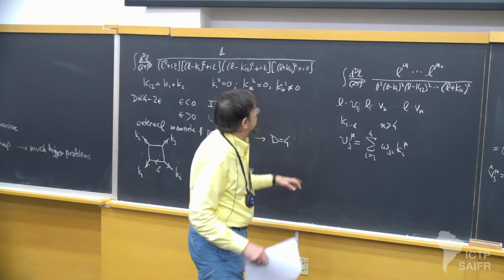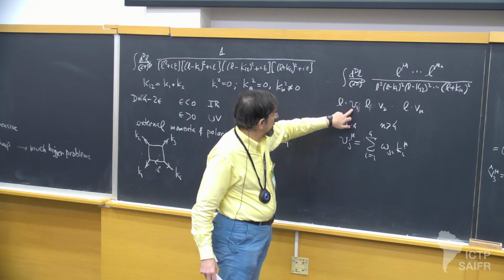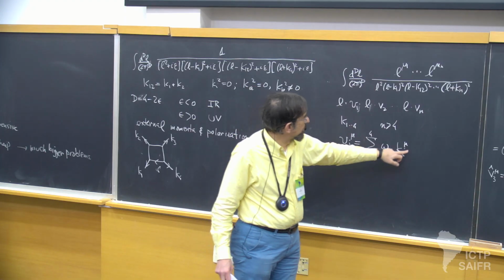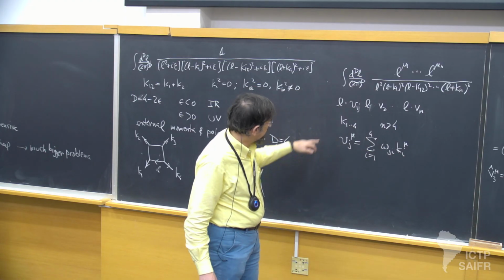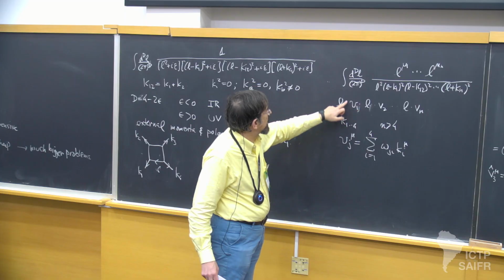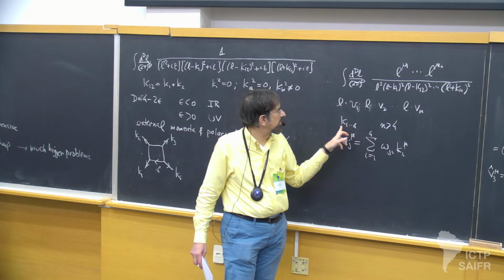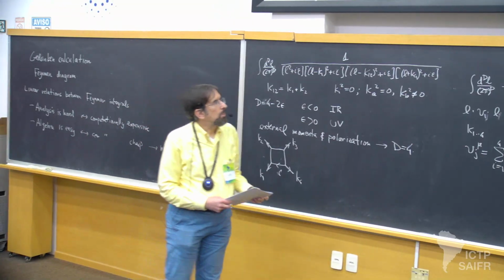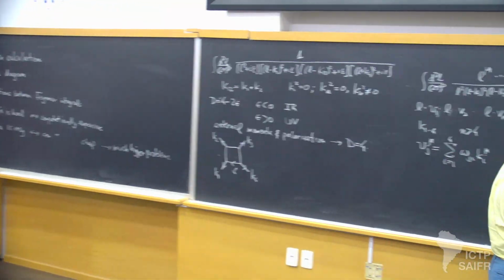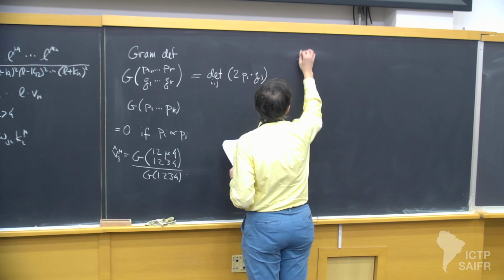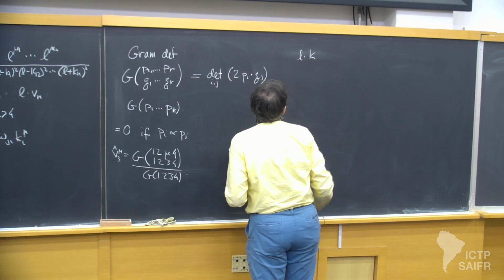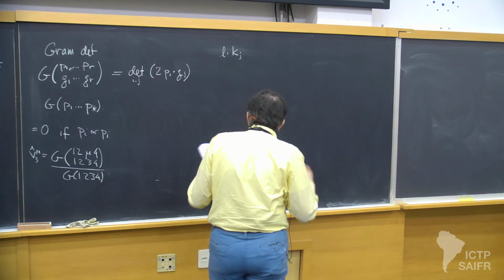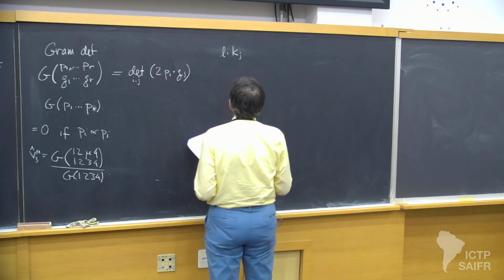So that means that here we can expand, let's say, the first external vector in terms of our set of basis. And so without any loss of generality, we might as well assume that V is one of these basis vectors. So we now have one factor in the numerator, which is of the form L dot some kj, maybe 1 through 4, maybe you've chosen some other set, doesn't really matter.